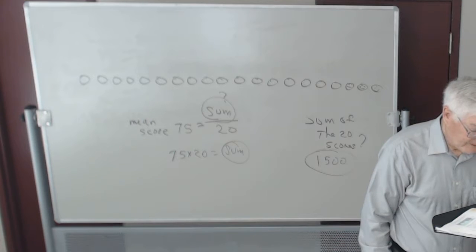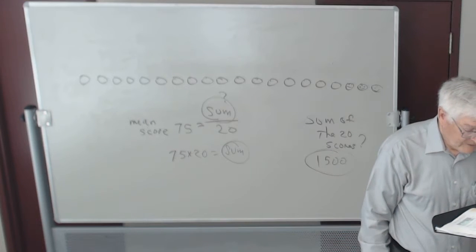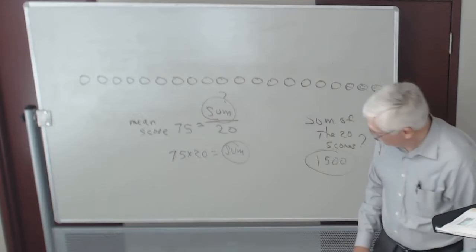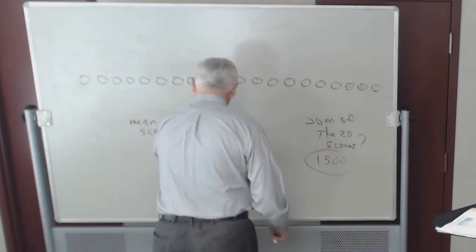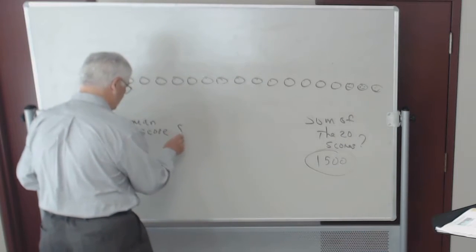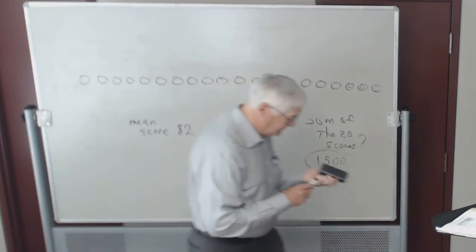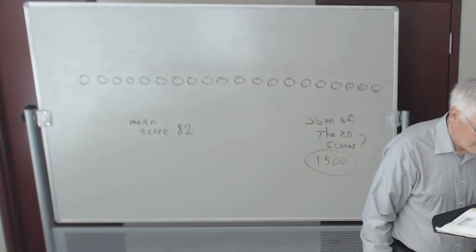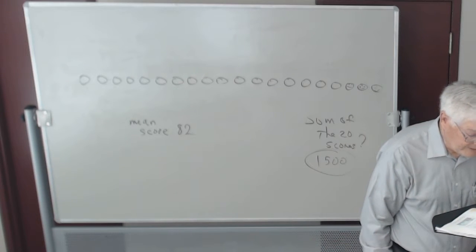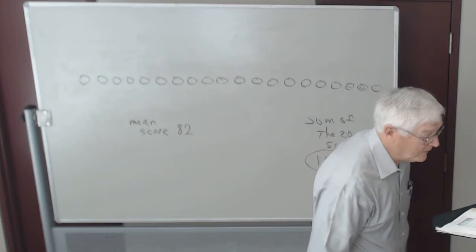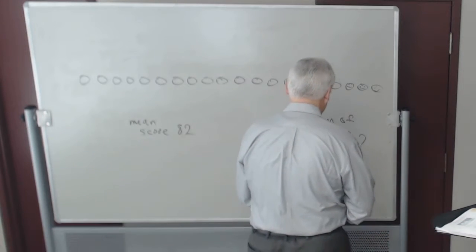Number 12. In problem 11, the mean was 82. So now the mean is 82. I'm doing 12. The sum of the 19 other scores was 1,560.